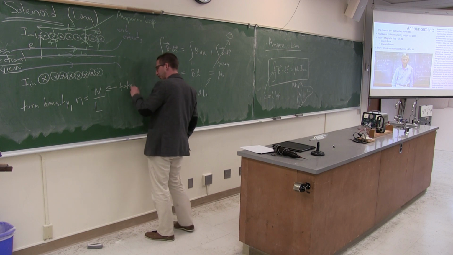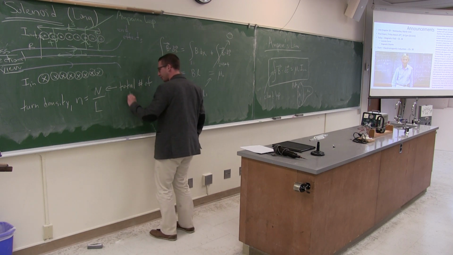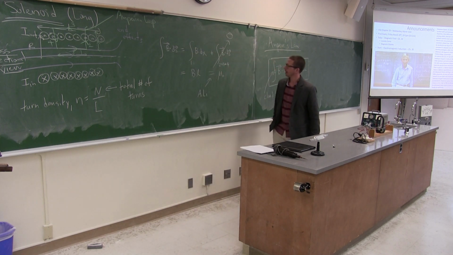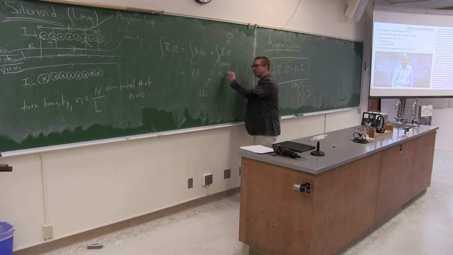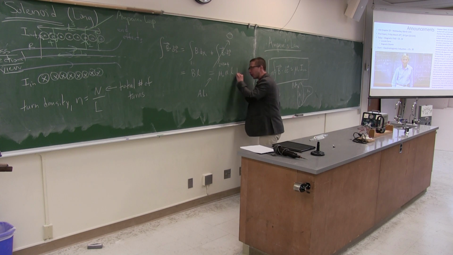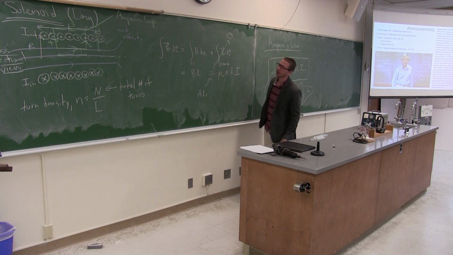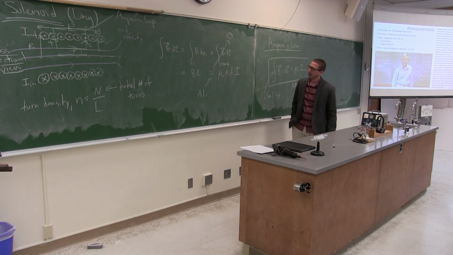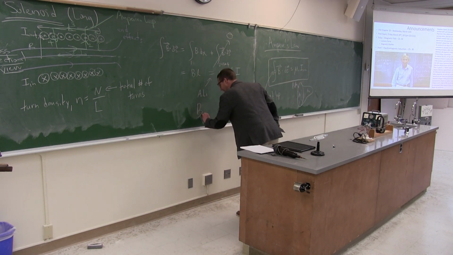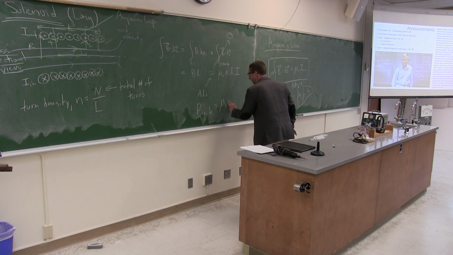So the amount of current inside is the number of turns per unit length multiplied by the length L, multiplied by the amount of current through each loop, which is I. And all we do is solve for B, and we get B inside equals mu naught n I.